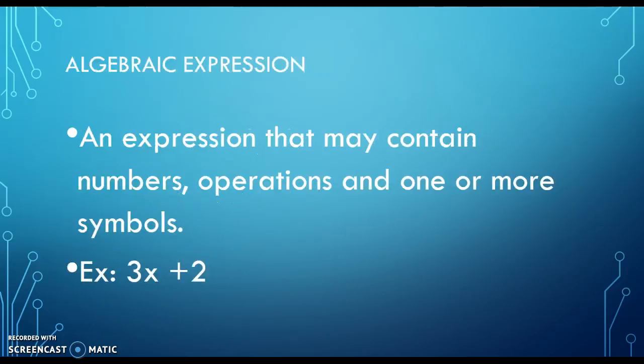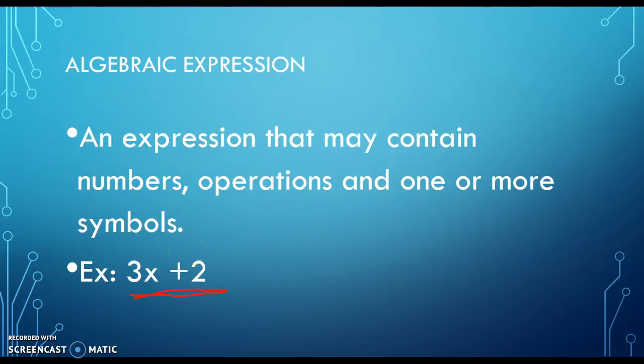Okay, so our first definition that we're going to have down is called an algebraic expression. And this is just an expression that may contain numbers, operations, and one or more symbols. So it's really just anything that doesn't have an equal sign is considered an expression. So if you see here, these ones right here, it's got a number, it's got variables, it's got operations. The plus sign is an operation.